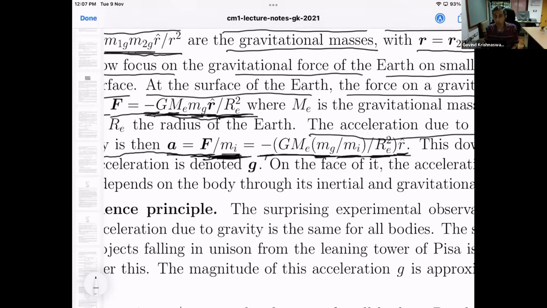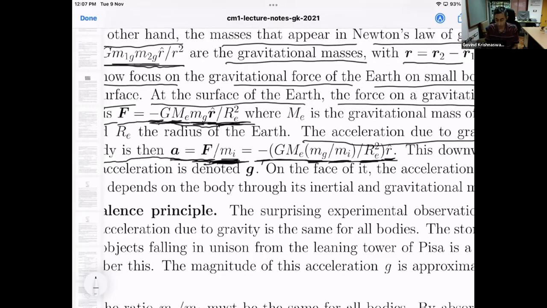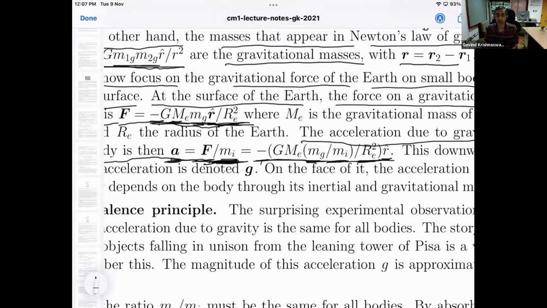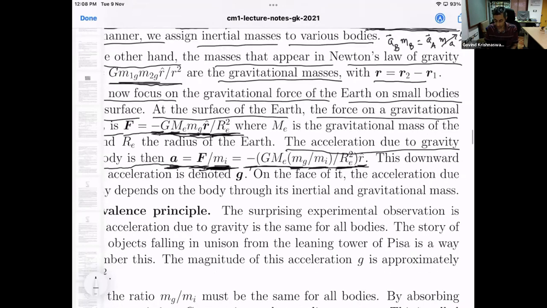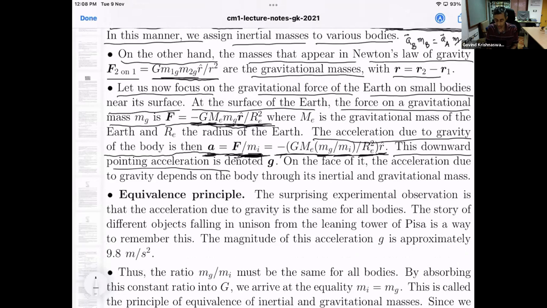Okay, so returning to this discussion, we have now given a formula for the acceleration due to gravity that a body feels. And we notice that this downward pointing acceleration is conventionally denoted small g.